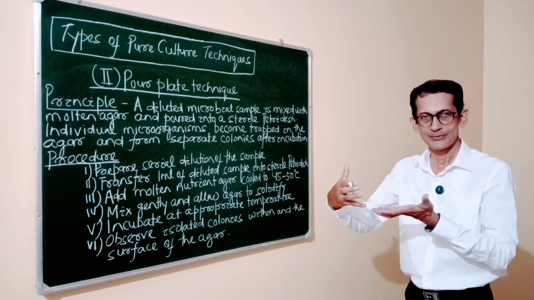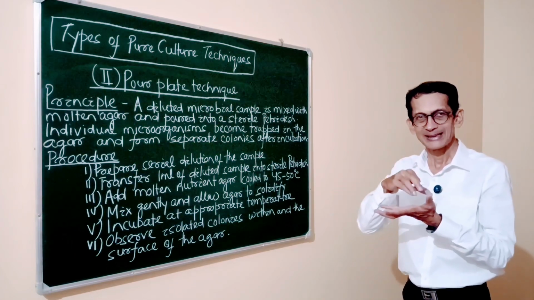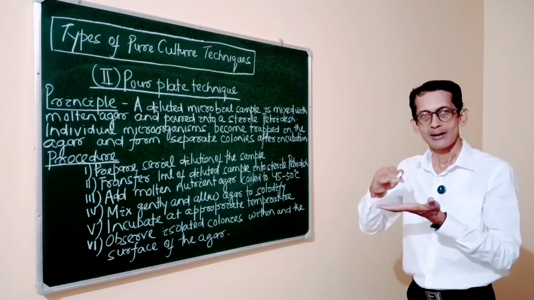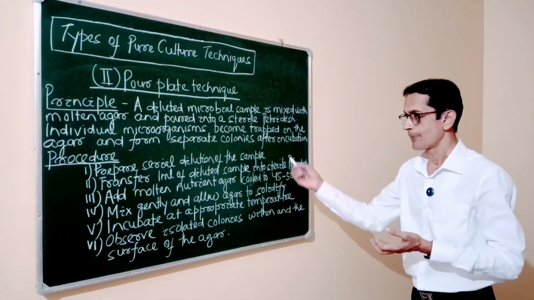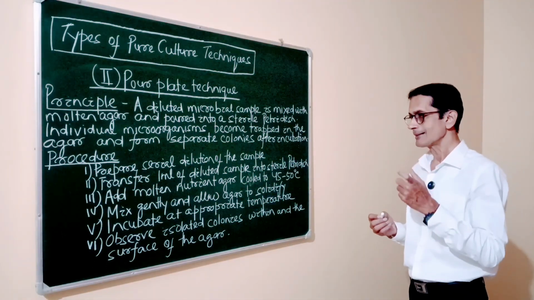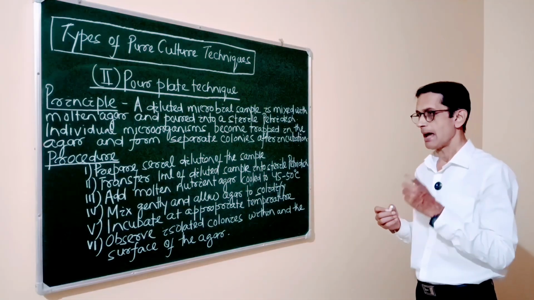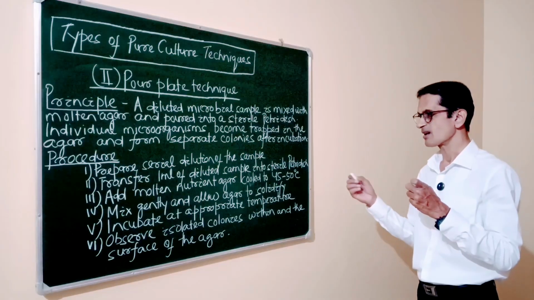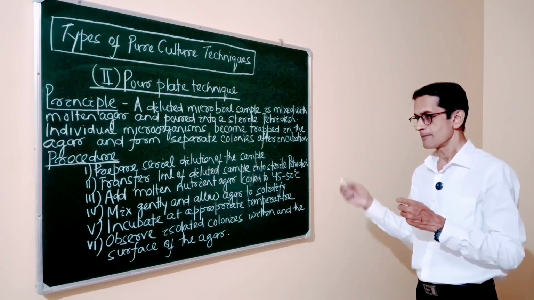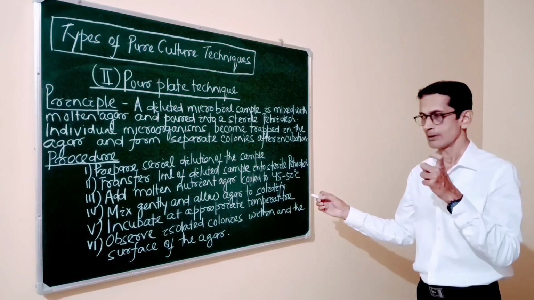Then it will be incubated. So what will happen? The growth will be observed within and also on the surface of the nutrient agar. Procedure: prepare serial dilution of the sample, transfer 1 ml of diluted sample into a sterile petri dish, add molten nutrient agar cooled to 45 to 50 degrees centigrade, mix gently and allow the agar to solidify.